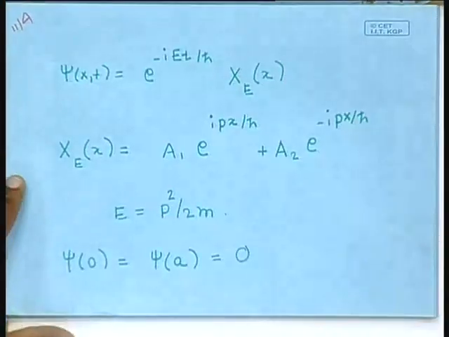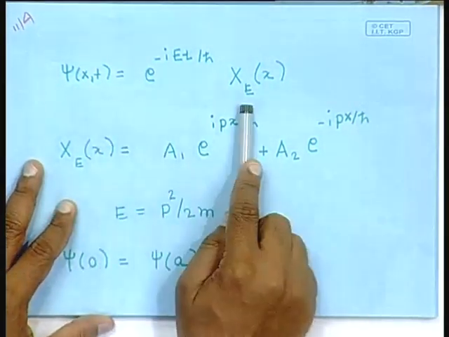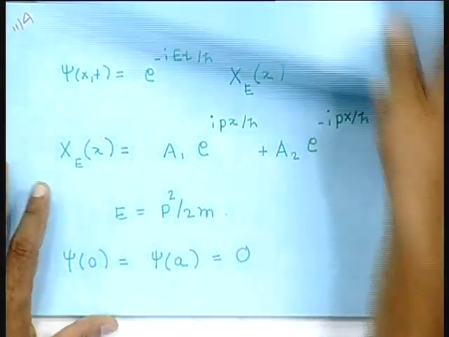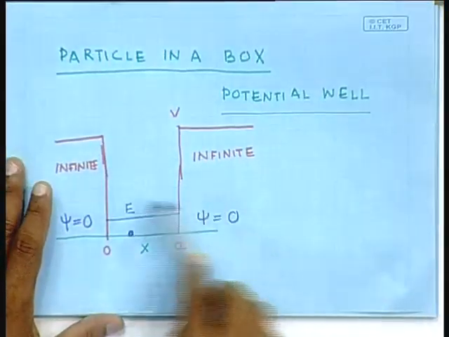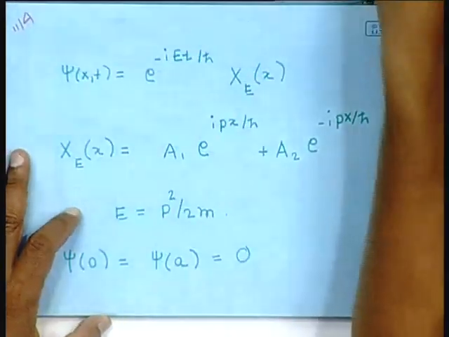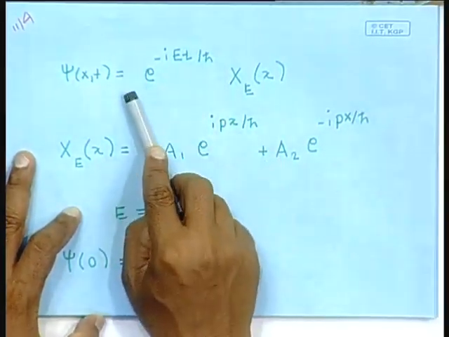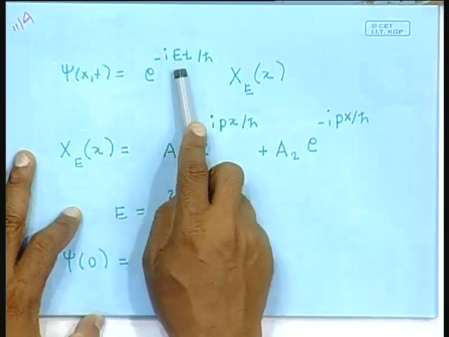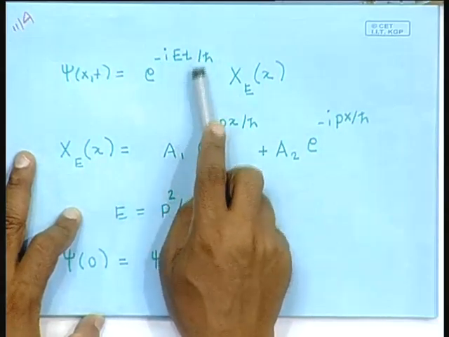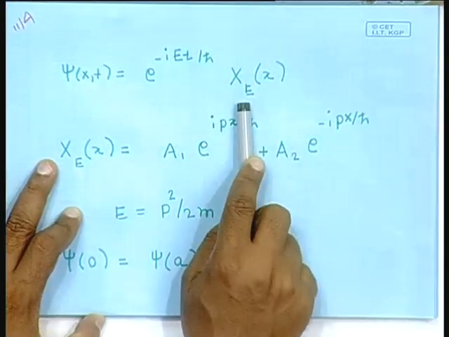Now we wrote down the wave function, and as I have told you many times, in a situation like this where I have a static potential which does not depend on time, the solution can be written as a product of a function of time, where the time dependence is e to the power minus iEt by h cross, and a spatial part which depends on the value of the energy.